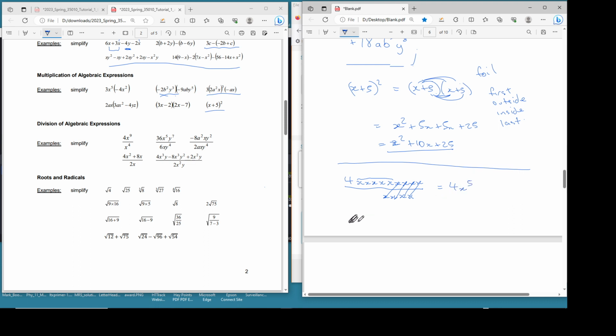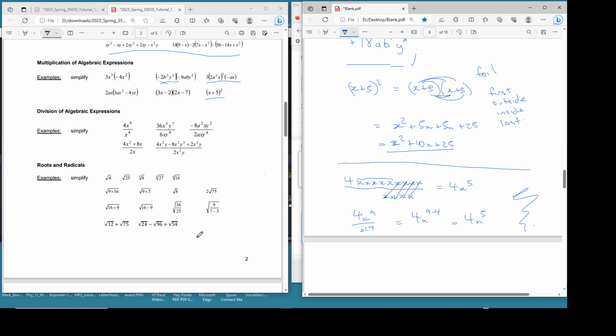Okay, or what we could have done was 4x9 over x4. We could have said 4x9 minus 4, which is 4x5, but you have no excuses. Okay, so you have no excuses for not doing that.